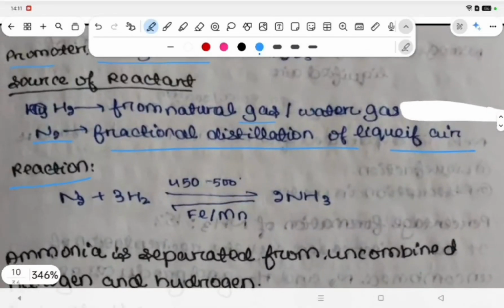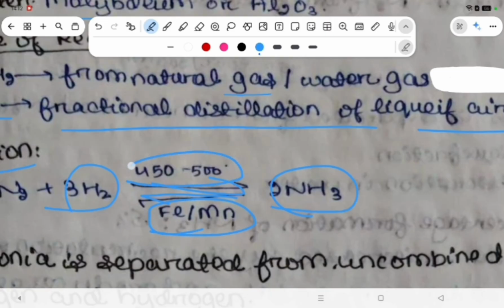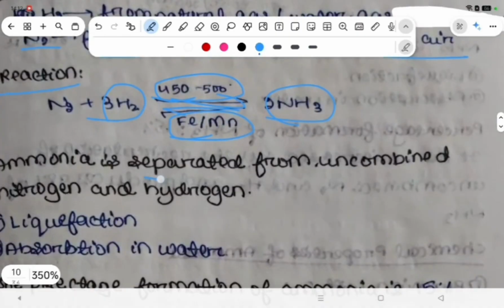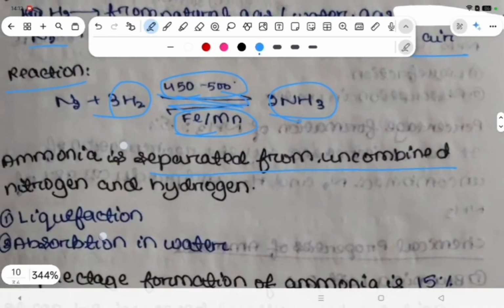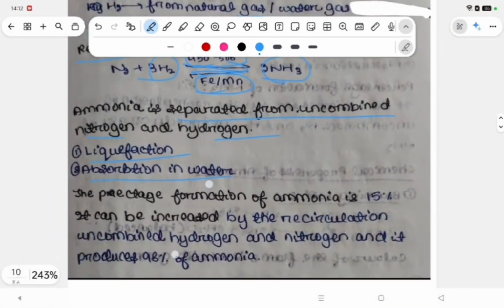Reaction: N2 plus 3H2 gives 2NH3, a reversible reaction, in the presence of Fe or Mo at 450 to 500 degrees Celsius. Ammonia is separated from uncombined nitrogen and hydrogen, first by liquefaction, second by absorption in water.